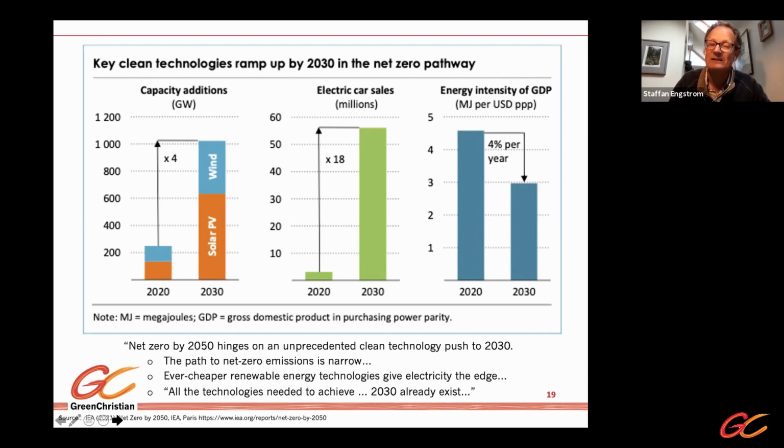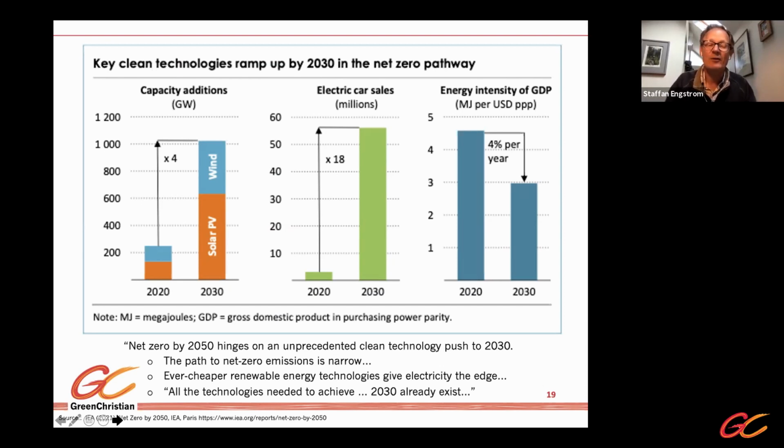That's just the next 10 years. And they've said, look, in the next 10 years, you can halve the carbon output. These are part of the key measures you've got to see. Electric car sales have to go up by 18 times. And we have to become vastly less energy intensive, more efficient at how we use energy within our industry.